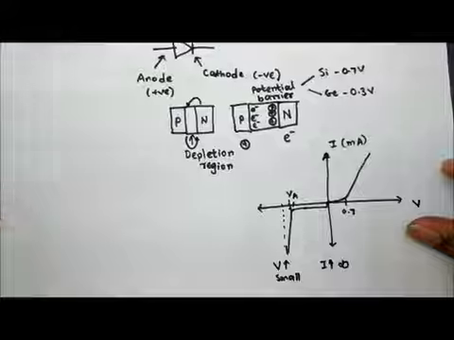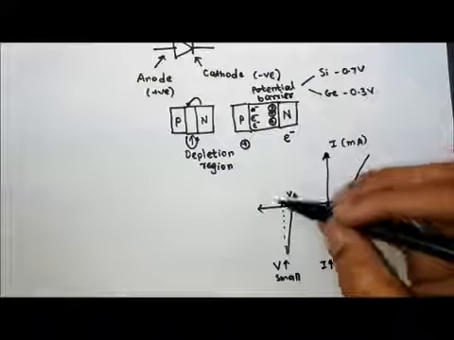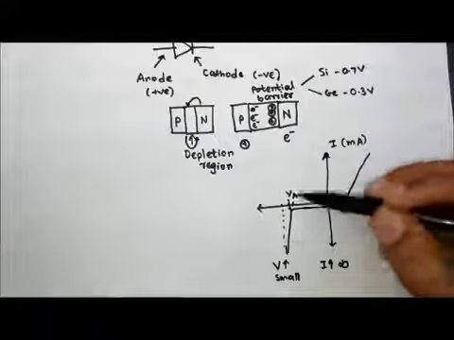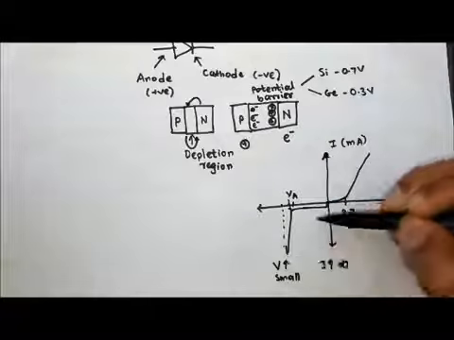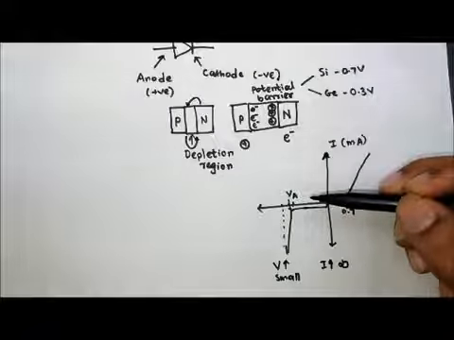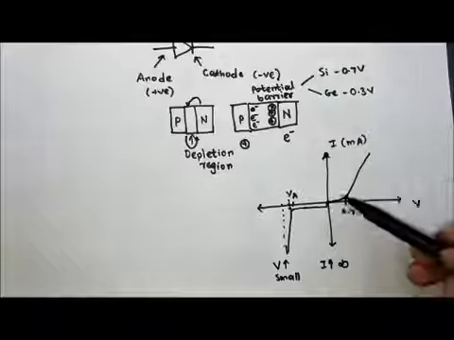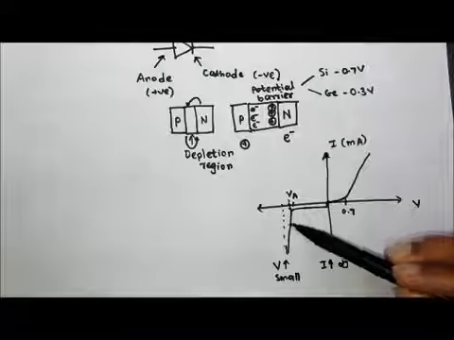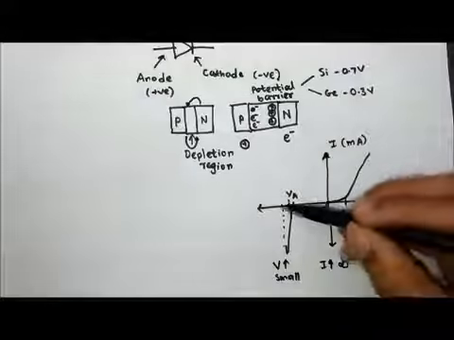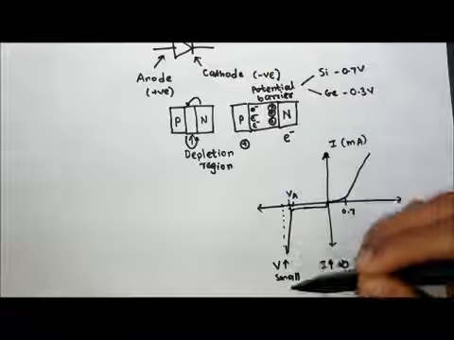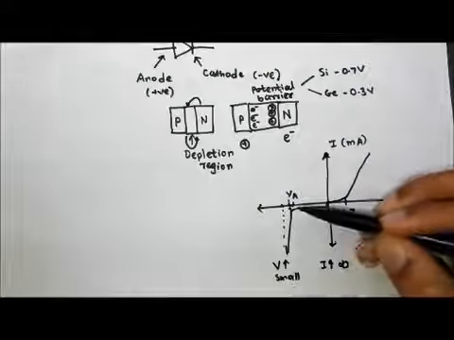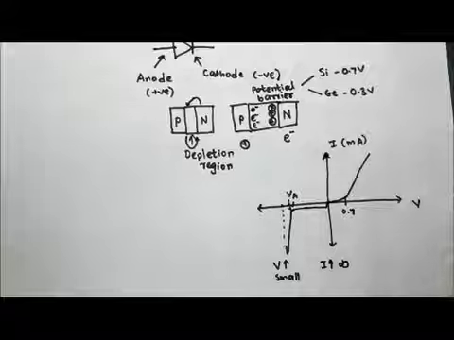To prevent this, we use a Zener diode, which is used to handle this region so that it can operate in this region. So that is why we need a Zener diode over a normal diode. A normal diode would burn out in this region, because even with a small change in voltage the current increases steeply, and that is why we need a Zener diode.